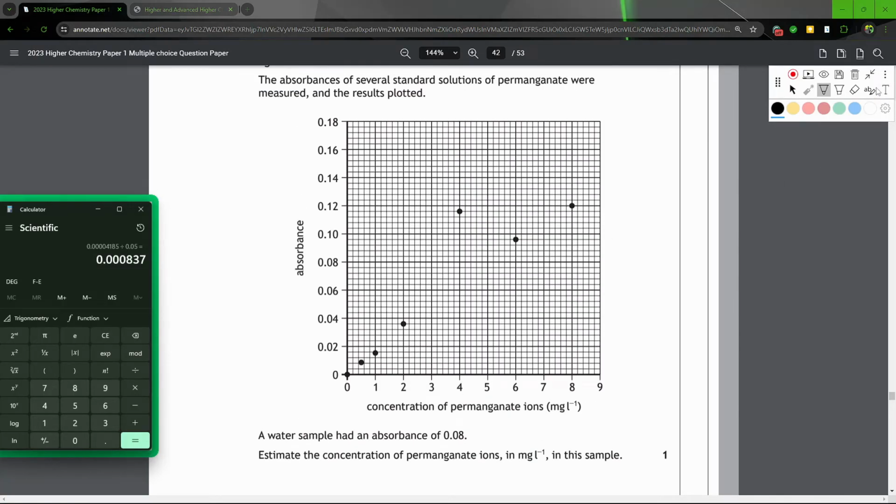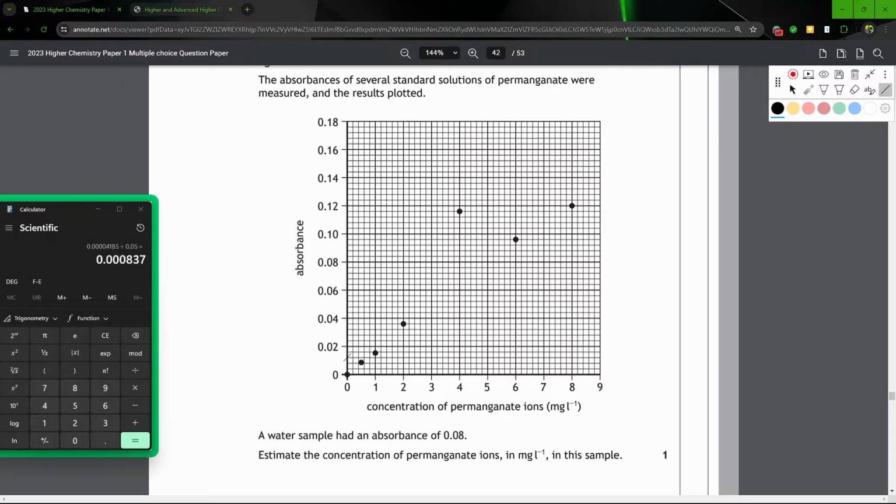Okay, so whenever you're doing this, what you want to do is draw a line through your graph and ignore that rogue value. So let's try our best to be about there. Maybe a bit lower. I don't know why I'm taking so much time on this, but that seems good enough.